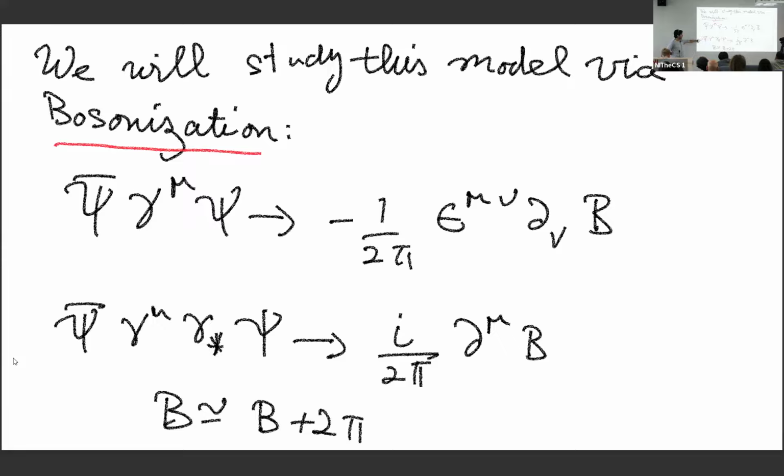And then we have this guy. This is the chiral current. And the chiral current, of course, is anomalous. And its conservation is the equation of motion for B, not necessarily 0. And of course, this B is going to be a compact scalar.